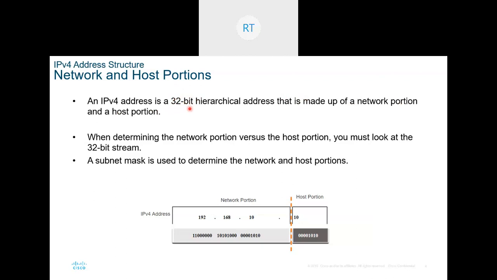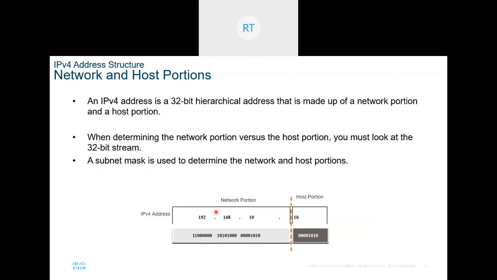A 0 or a 1. When determining the network portion versus the host portion, you look at the whole 32-bit stream, and there's what you call a subnet mask, which determines the network and the host portion.